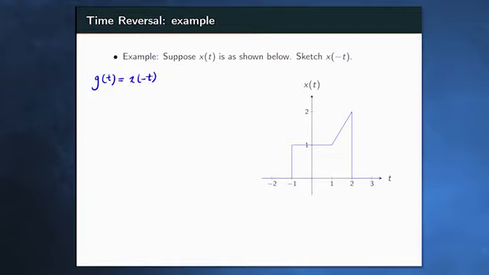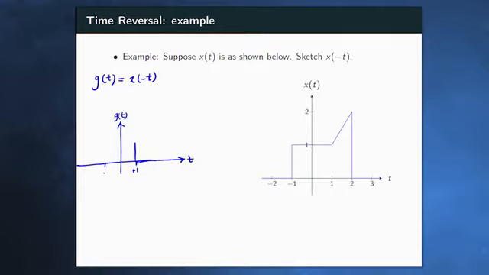All right. So I'm plotting g of t in here. And I expect to sketch the flipped version of this one with respect to the y-axis. So at t equal to +1, I expect to get something like this.